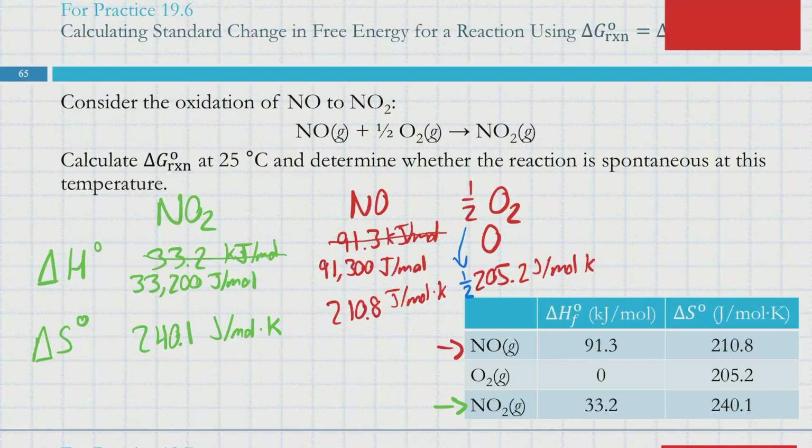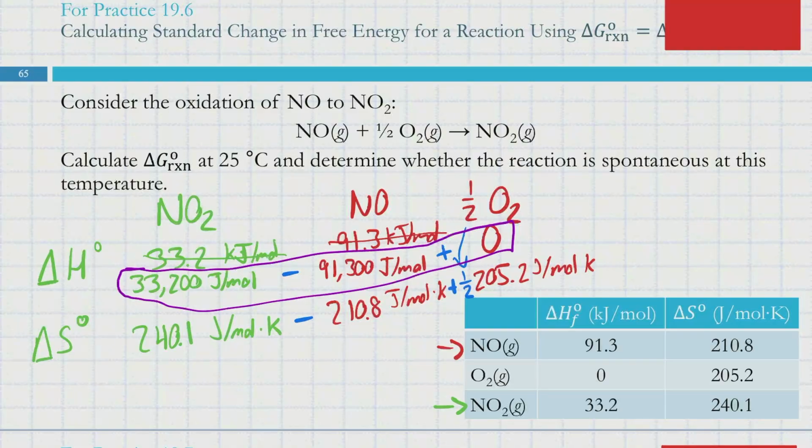Didn't turn out as neatly as I'd hoped, but that's okay. So we've got our standard change in enthalpy boxed in purple, and our other box in purple will be our standard change in entropy.